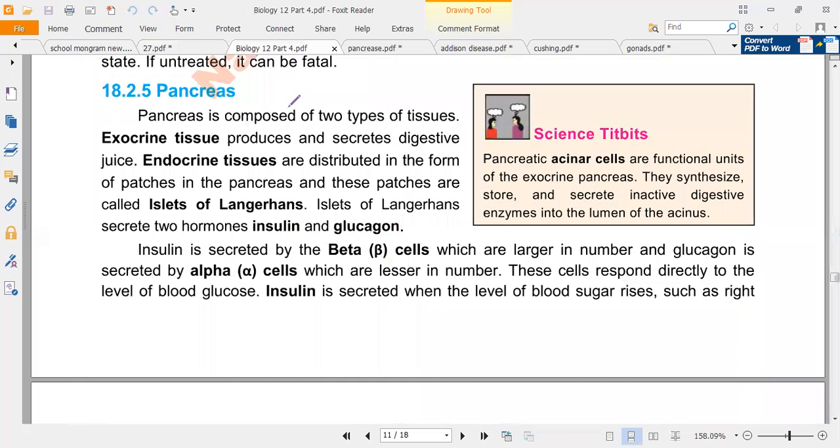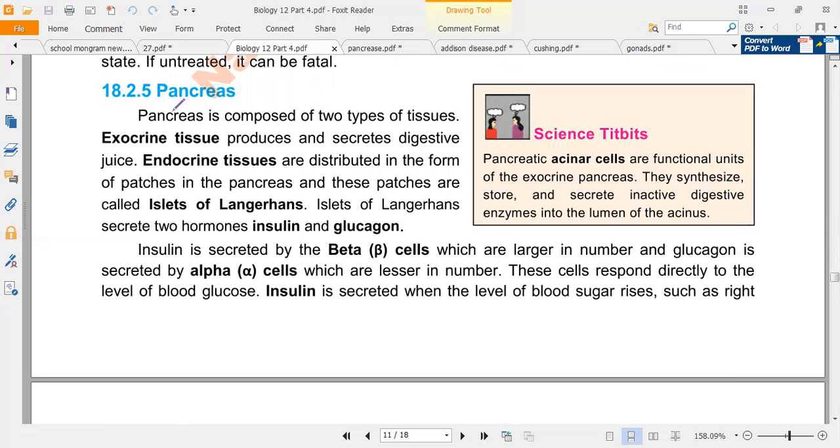Yes, dear students, today's gland which we study here is the pancreas, and we know that pancreas has great importance in our body as far as digestion is concerned. So it is not only helping digestion, but it also performs its endocrine function.